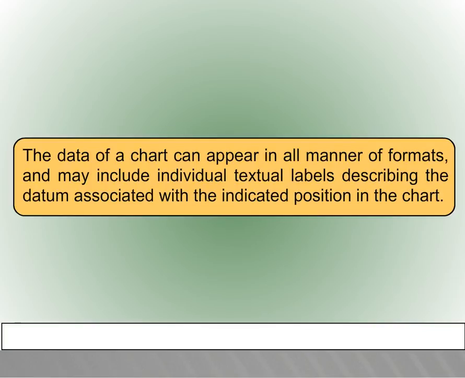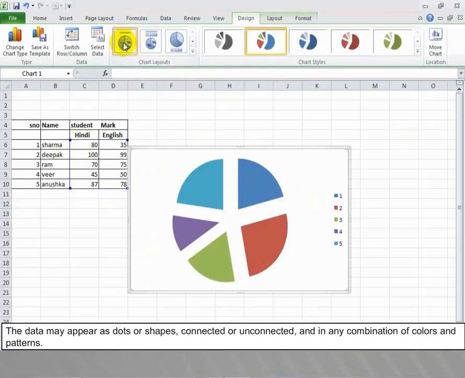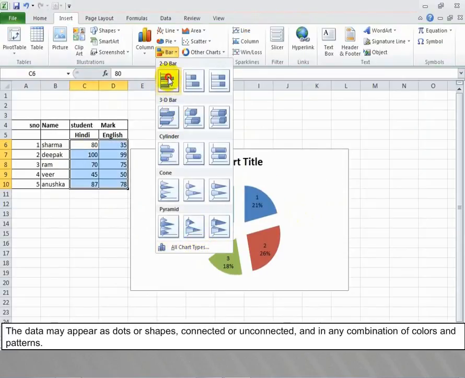The data of a chart can appear in all manner of formats and may include individual textual labels describing the datum associated with the indicated position in the chart. The data may appear as dots or shapes, connected or unconnected, and in any combination of colors and patterns.